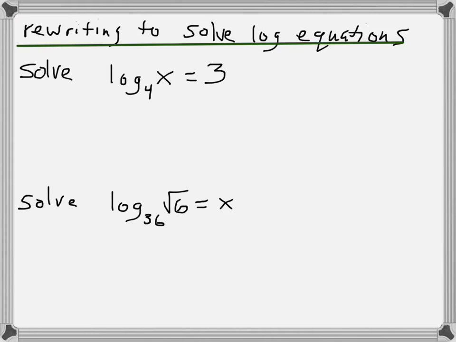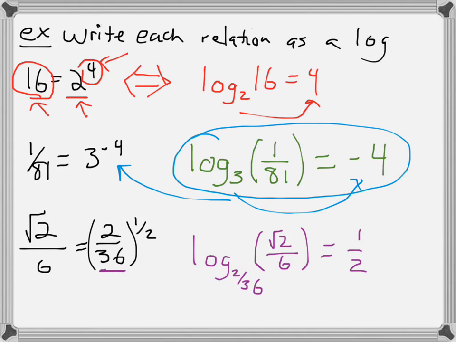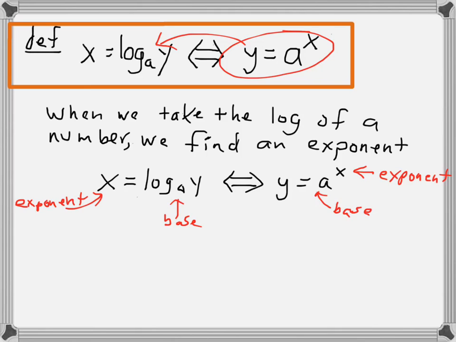And the trick to solving these problems is to rewrite this like I'd mentioned. Again, I'm just going to go back a couple slides and look at that definition. Now we're on this side, so we want to rewrite this guy that way. So again, I want you to get used to writing these.